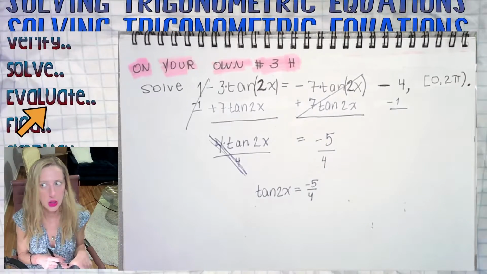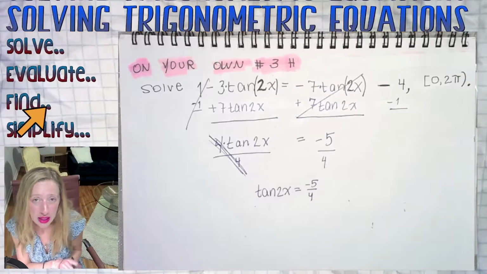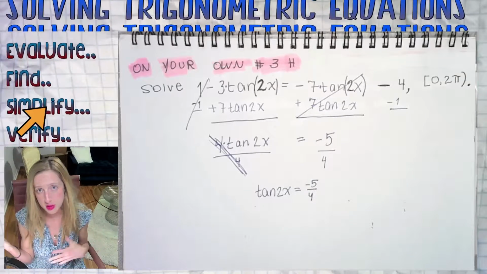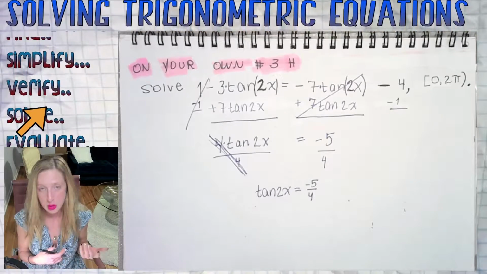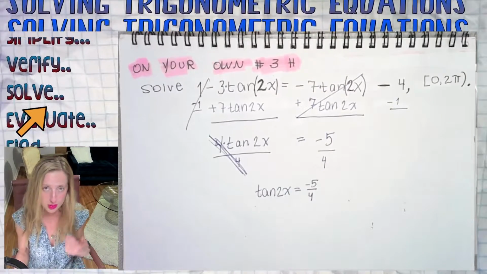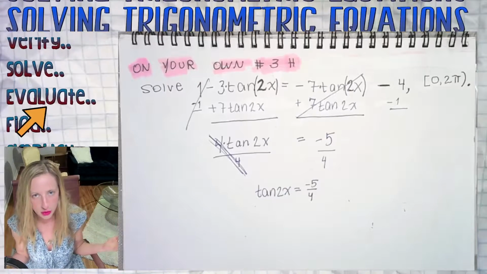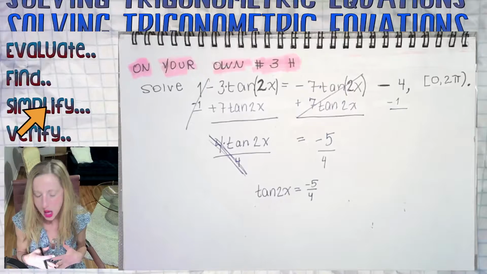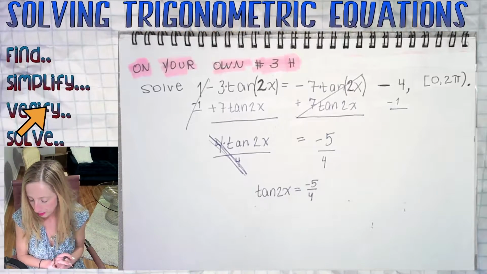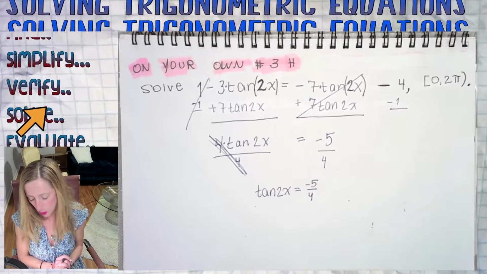You're going to try factoring, it's not going to work. You're going to have to do the quadratic formula. Instead of x equals negative b plus or minus the square root of b squared minus 4ac all over 2a, you're going to have tan of 2x equals negative b plus or minus. Then you're going to get 2 different answers. Then you're going to have to use the calculator anyway. What a nightmare.